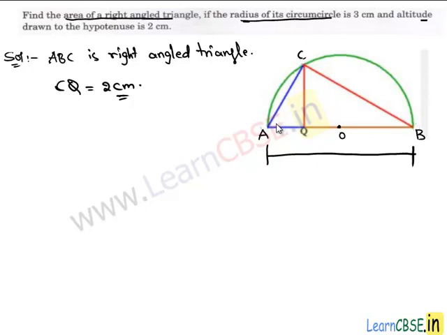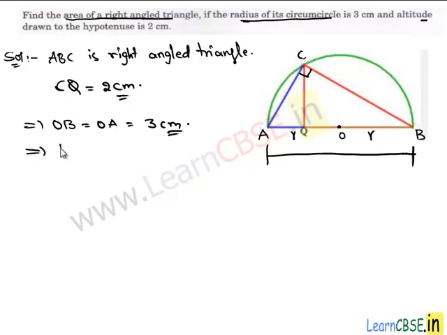So when a circumcircle is drawn to right angle triangle, the diameter of circumcircle is the hypotenuse of right angle triangle, and the center of this circle exactly coincide with the midpoint of diameter, which is hypotenuse. So here we have radius, that is OB and OA, and it is given 3 centimeters.